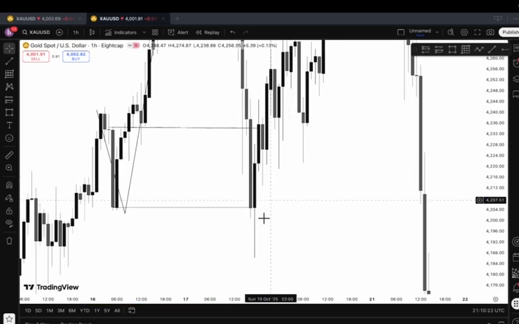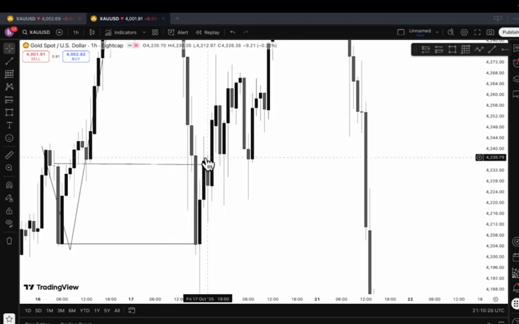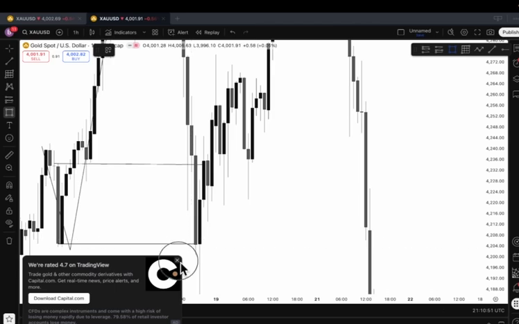Now how to reclaim this is not by putting your entry here. It's very simple. After price took out this support that turned into a resistance, the price broke through, it created this thing here, which is what? This is now a resistance that turned to a support, and it is called an inverse key level because it was created after price took out this one, which they wanted to sell from, a support that turned to a resistance.